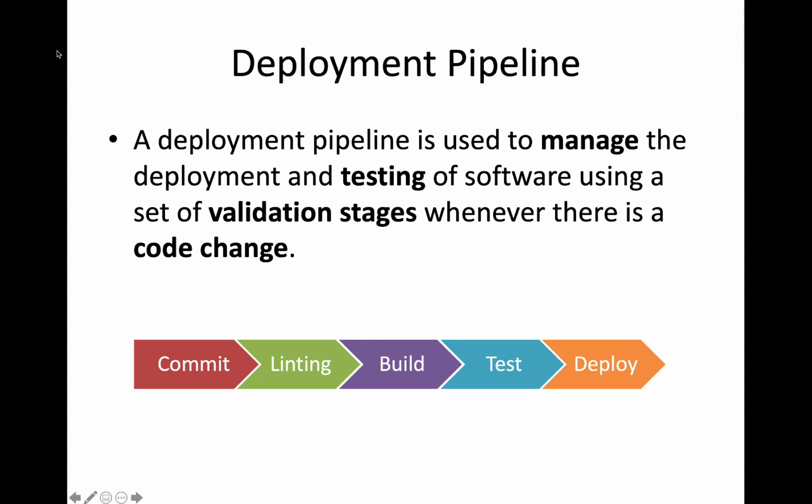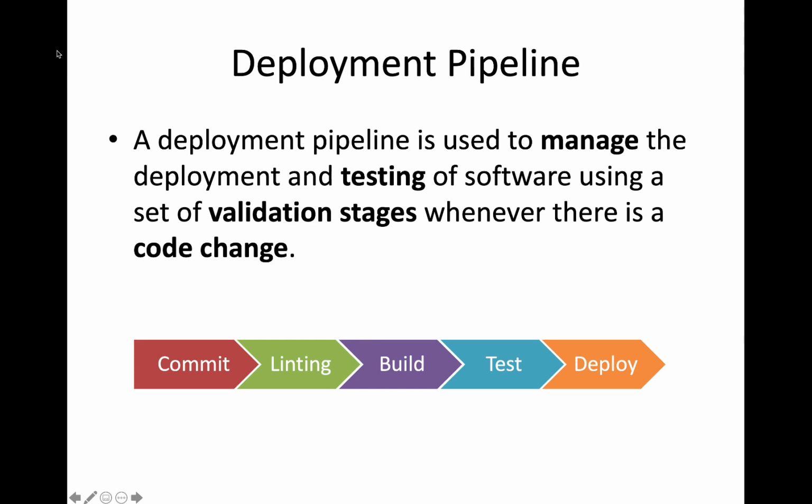The first topic I want to address is deployment pipelines. What is a deployment pipeline? Well, a deployment pipeline is a common pattern that we use to manage the deployment and testing of software in our organization.